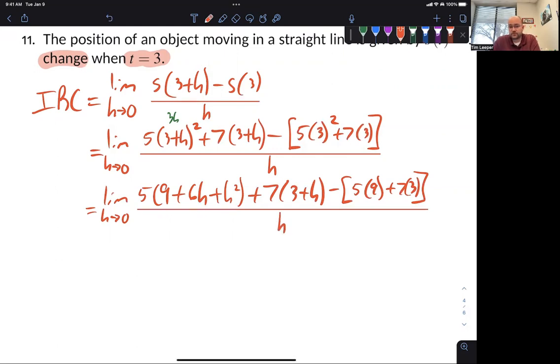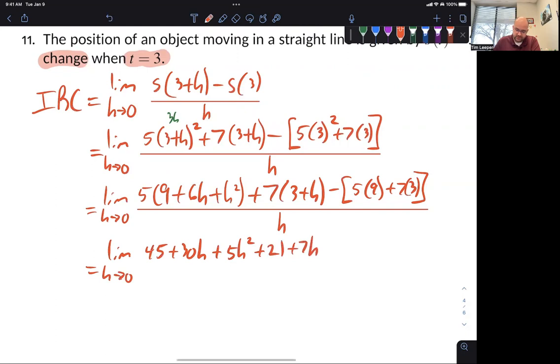Good. Now we're going to deal with multiplication. So distribute the 5, distribute the 7, multiply, and multiply. So this is going to give me the limit as h goes to 0 of 45 plus 30h plus 5h squared plus 21 plus 7h minus parentheses 5 times 9 is 45 plus 7 times 3 is 21.